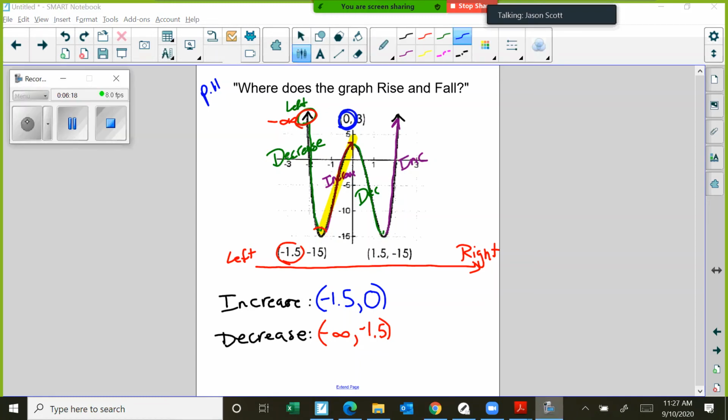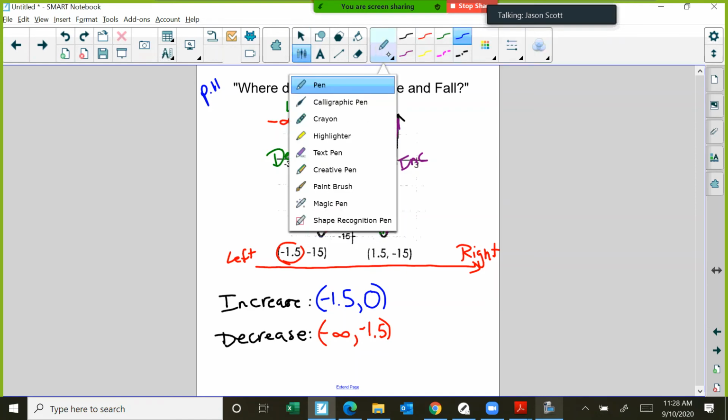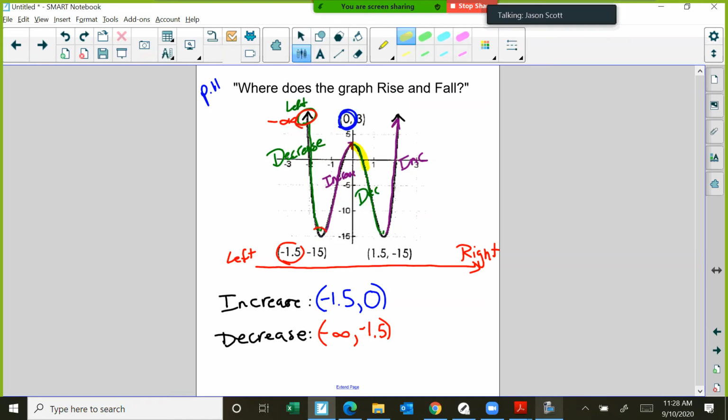All right, I will get rid of the highlighted section because we're going to move on to the next section of the graph, which is here. That is a decreasing section. So our next answer fits down here in the decreasing part.